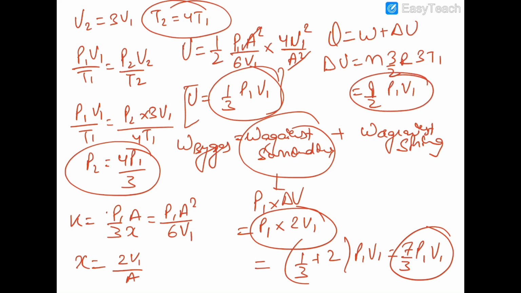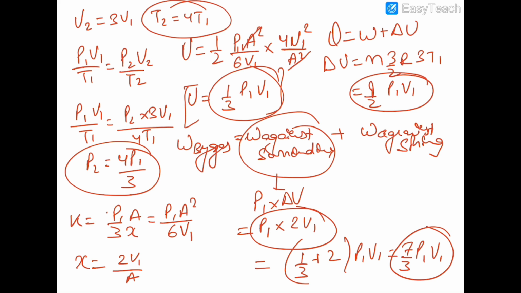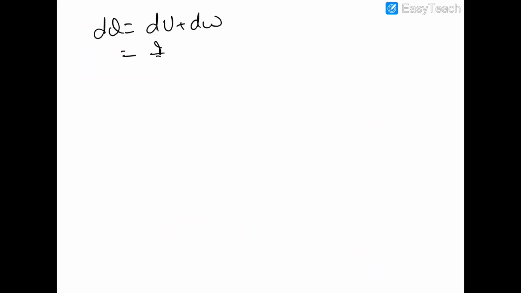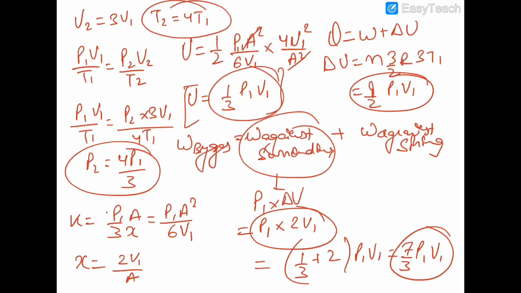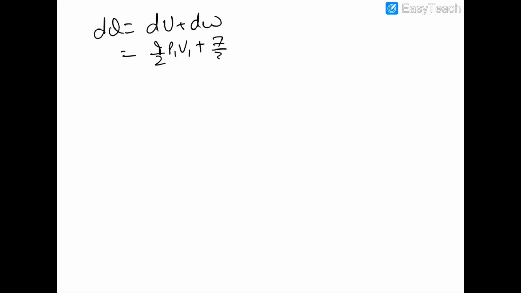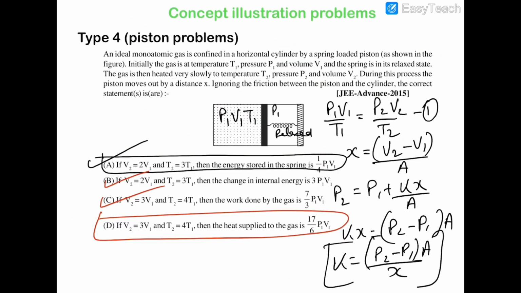So if we sum up these two energies to find dQ, then dQ will be dU plus dW. So dU will be equal to 9 by 2 P1 V1 plus dW will be equal to 7 by 3 P1 V1. So this is not the D option, so obviously the correct answers will be only A, B and C. Now we move on to the next question.